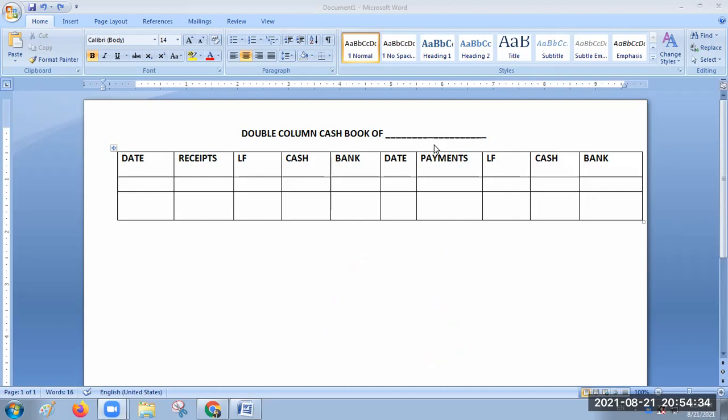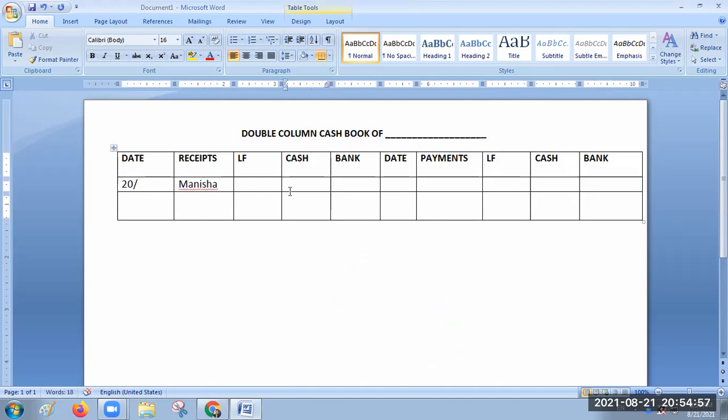Now you read the transaction. What is the first date? On 20th we have received it from her. What is the month? Or month you leave, for our understanding. What is the name of the person from whom we have received? Manisha. Okay, Manisha.